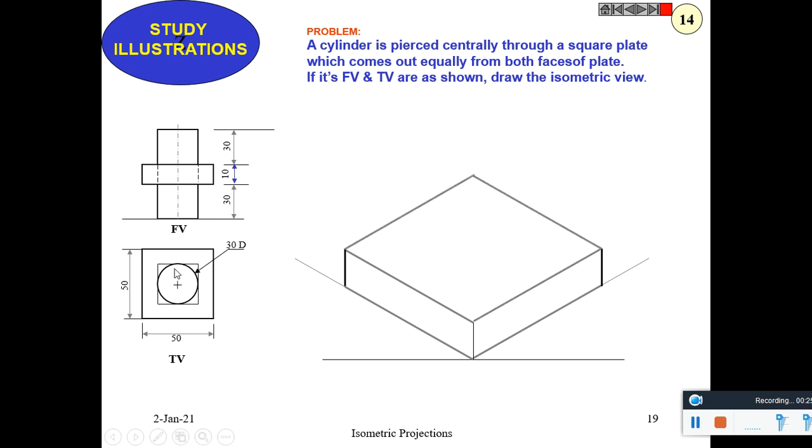Now the cylinder is pierced through this. So a circle is drawn with 30 millimeter diameter. Its height is also 30 millimeter. So from here a 30 millimeter height is drawn.